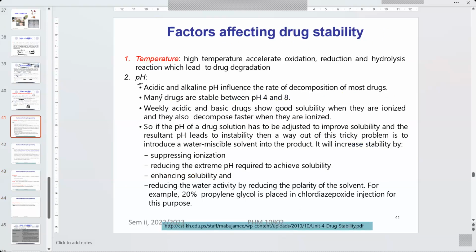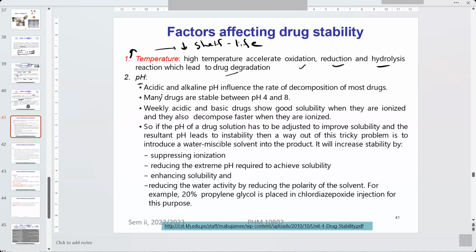The reaction is usually accelerated with the use of temperature. So the higher the temperature, the higher the degradation rate, which may occur by oxidation, reduction, or hydrolysis. So this will lead to drug degradation. So higher temperature means less shelf life.